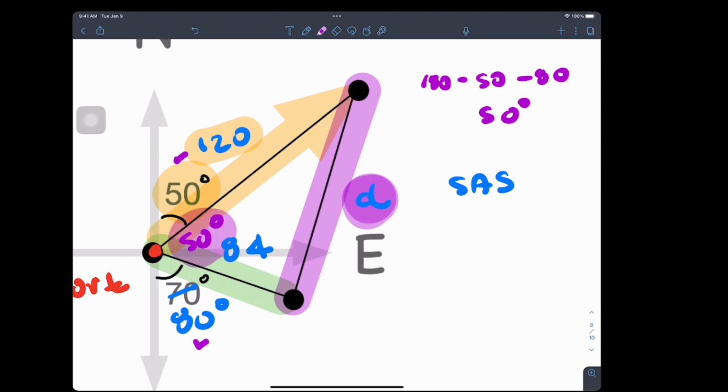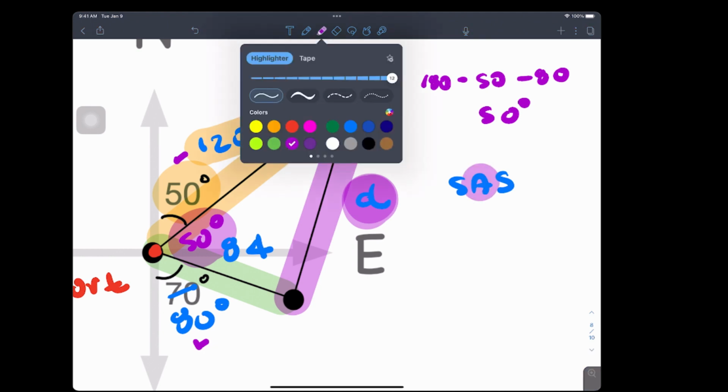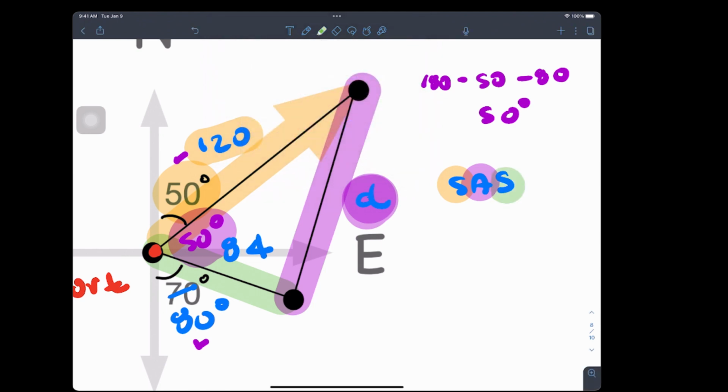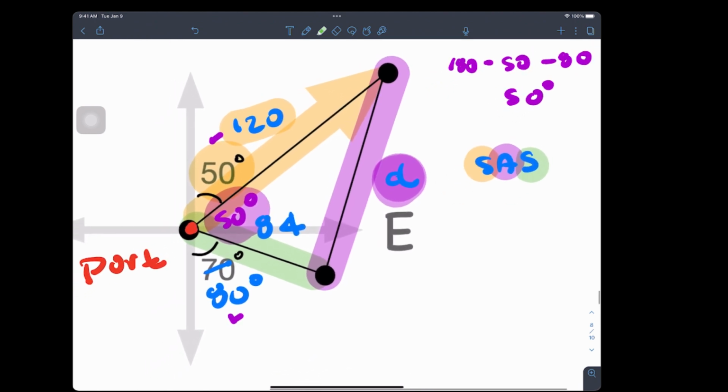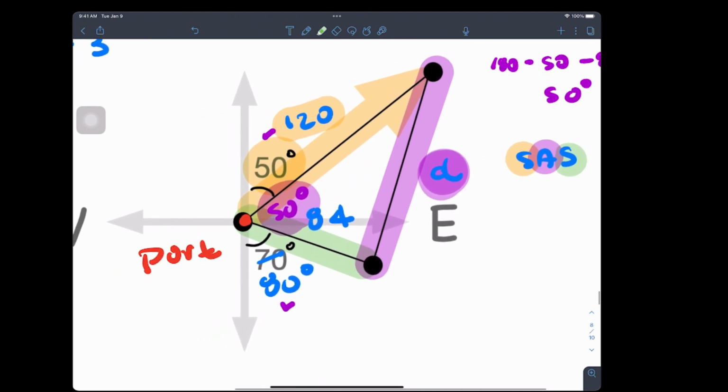We already know A is 120 and B is 84. So we have a side-angle-side situation: the known angle, the known side, and the known other side. That's a law of cosines question. Okay, you're with me on that? And that's why I gave you guys that work to do.